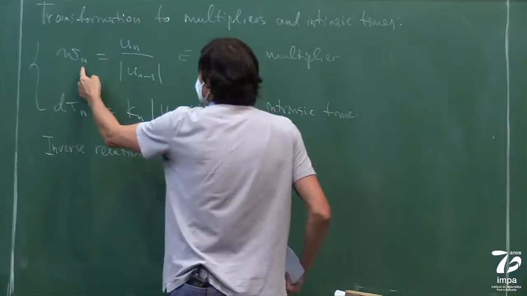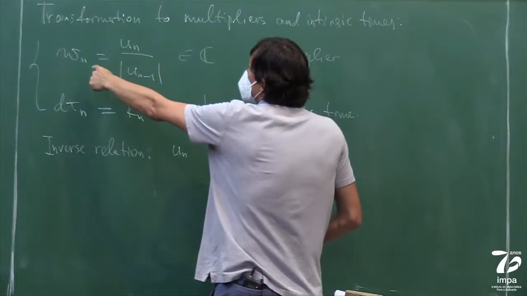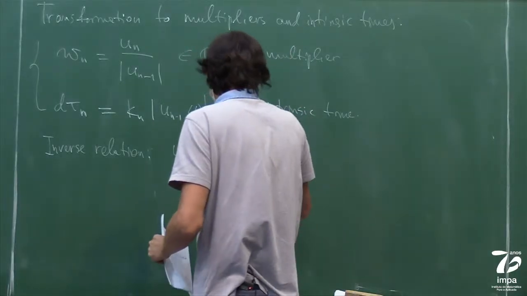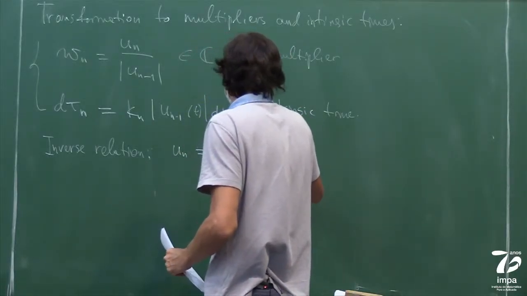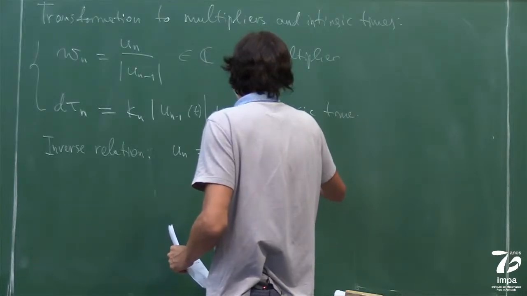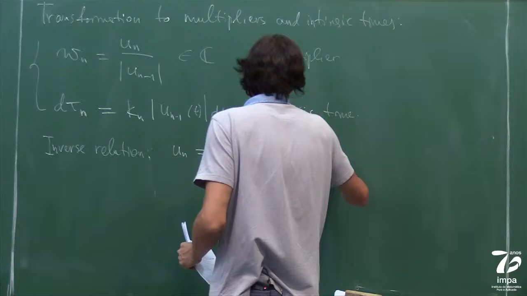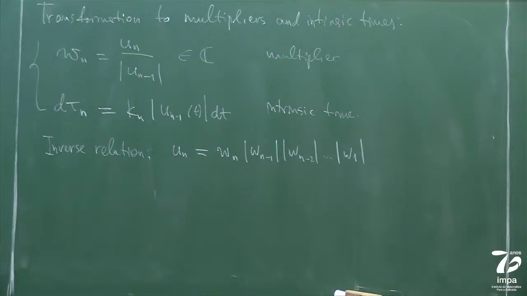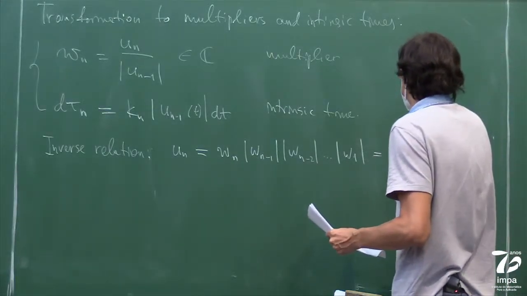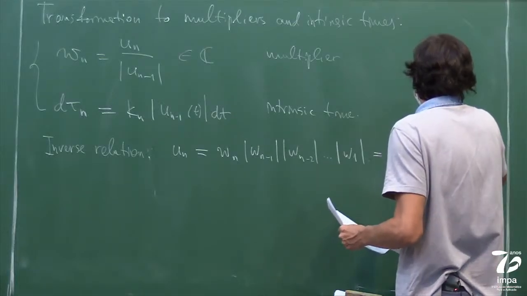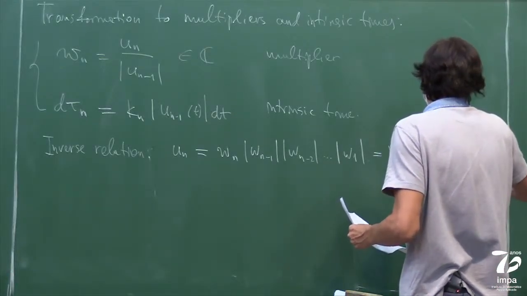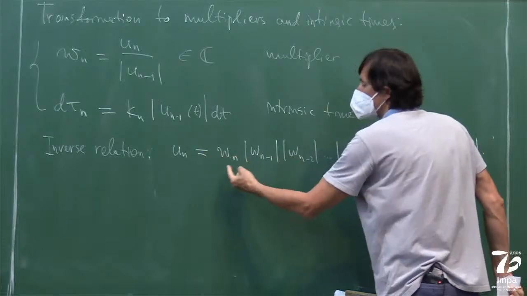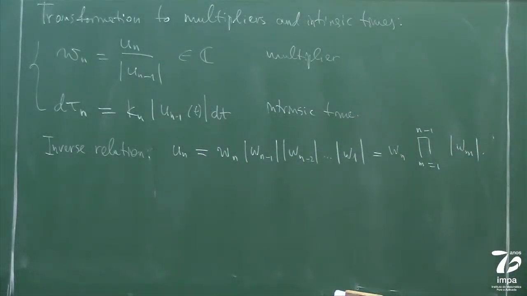Since W1 is U1, through multiplication of multipliers, you can reconstruct Un. You can just check that Un will be Wn times Wn minus 1, Wn minus 2, and so on, down to W1, or you can write it as the product of Wm from m equals 1 to n. That's why W is called a multiplier, because when you reconstruct Un, you just multiply them. So this is the inverse relation.